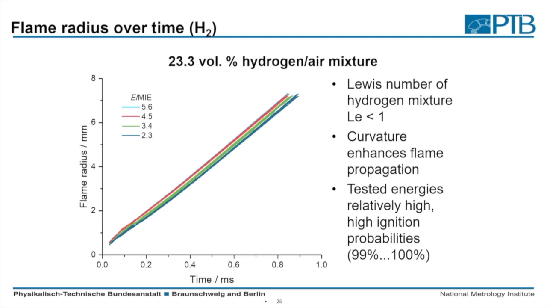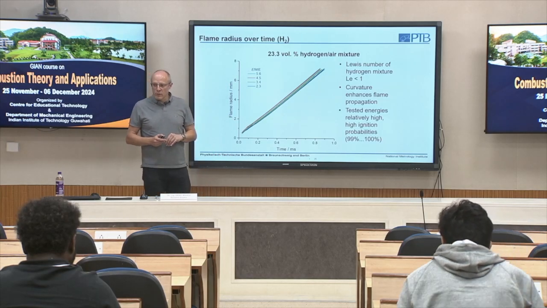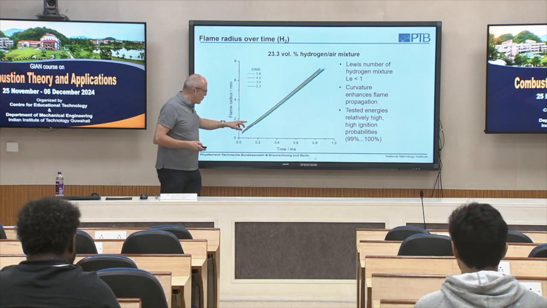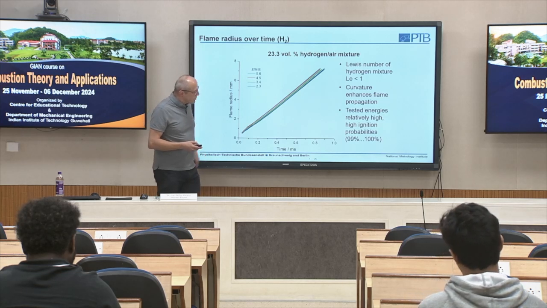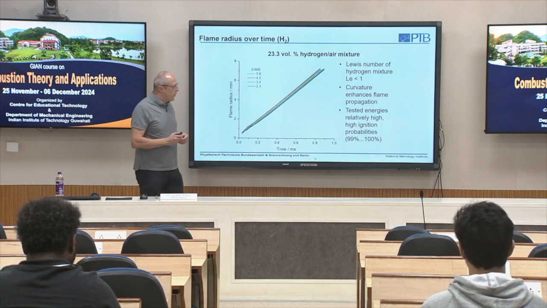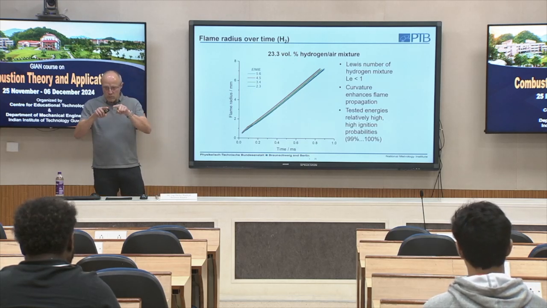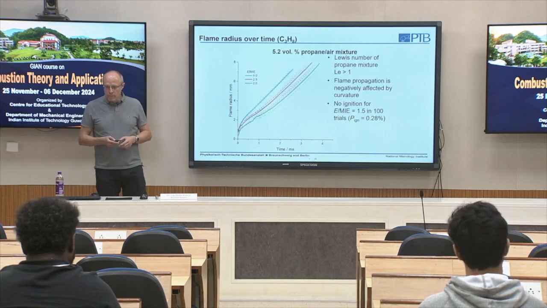So this is a preferred situation for hydrogen, while propane and ethylene do not prefer the situation, so they have a higher tendency to go out when the curvature is too large.